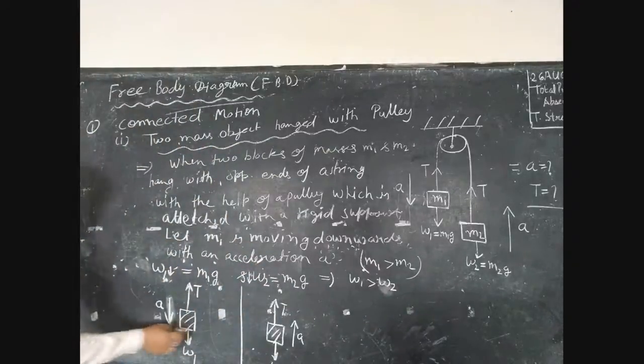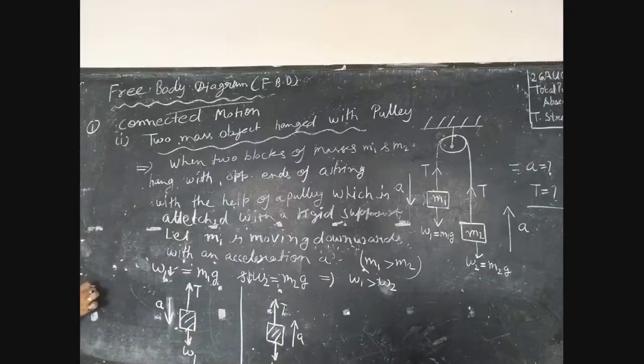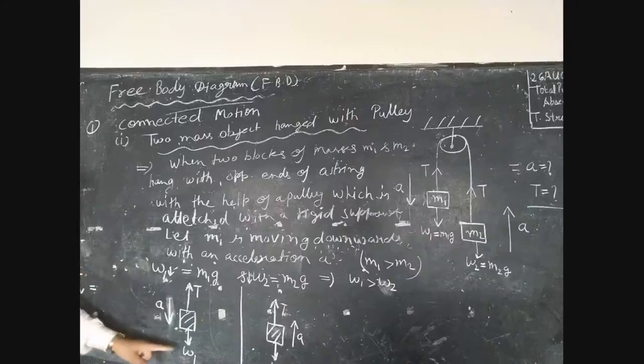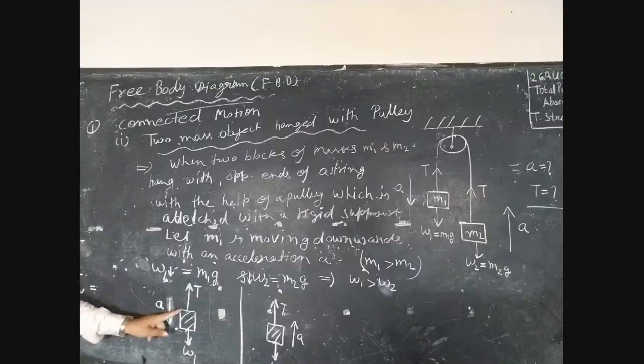Now for this net force Fn, just find how you think about the net force. You just go where the acceleration appears in the body. We get here the acceleration is downward. This gives an idea that there are two forces: one is W, which is acting downward, and another is tension in the string, which is acting upward. So which one is greater?